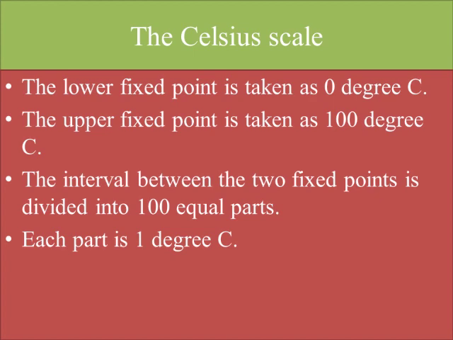Celsius is indicated as C. The upper fixed point is taken as 100 degree Celsius. And the interval between the two fixed points is divided into 100 equal parts, and each part is 1 degree Celsius. So next we will learn about the Fahrenheit scale.